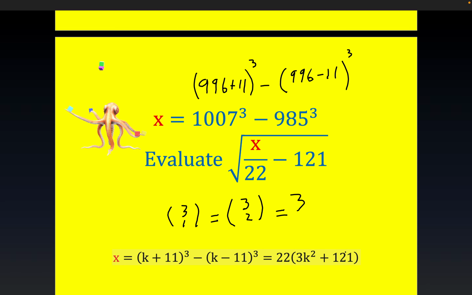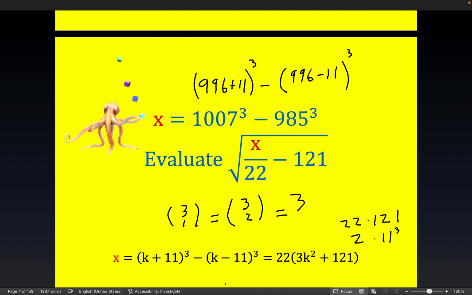Now, notice that this looks a little strange. You can see where the 3 comes from, but the 22 times 121 is the same thing as 2 times 11 cubed, because of course 121 is 11 squared, and then you also have 2 times 11, so you have 2 times 11 cubed.